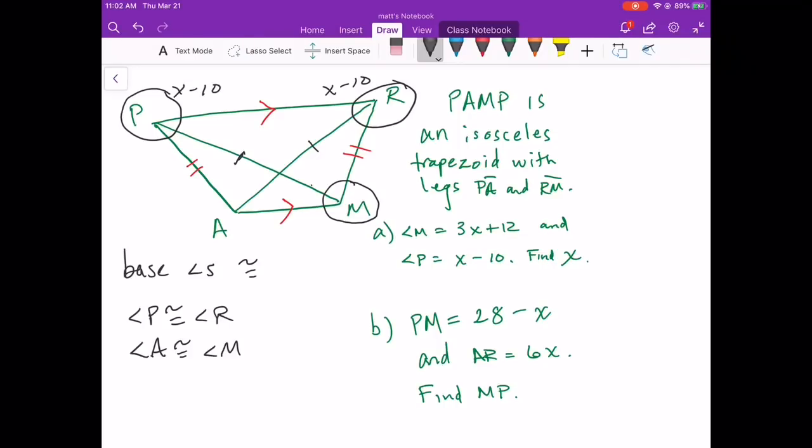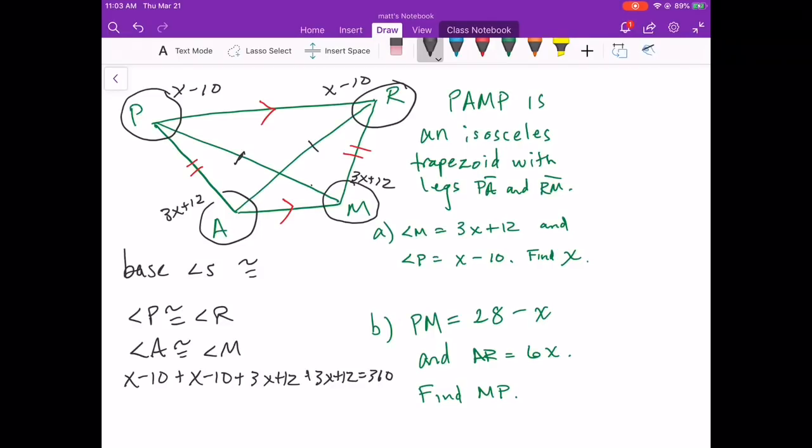And I know that if angle M is 3x plus 12, then angle A is automatically 3x plus 12. Well, the angles of a quadrilateral add up to 360, so x minus 10 plus x minus 10 plus 3x plus 12 plus 3x plus 12 should all be equal to 360.